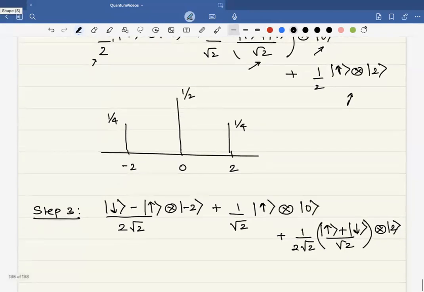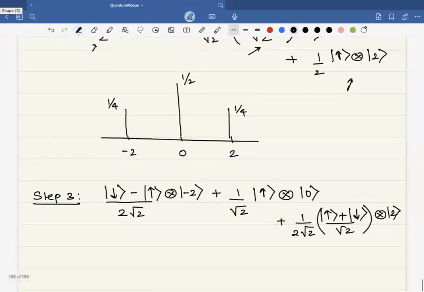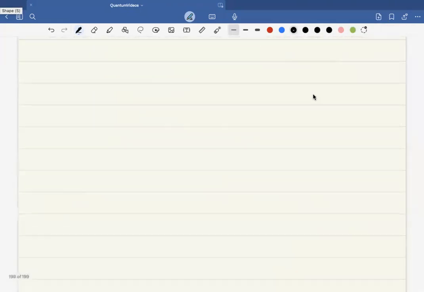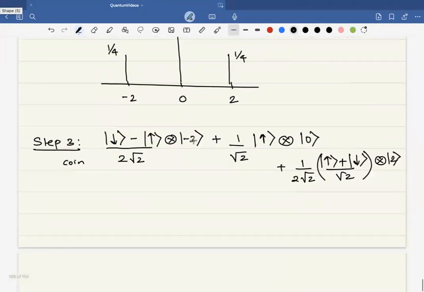All right. Then this is the coin operator, and then the shift operator. So let's do the shift.